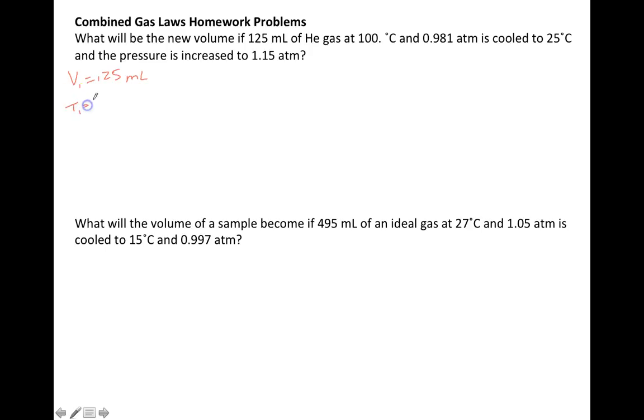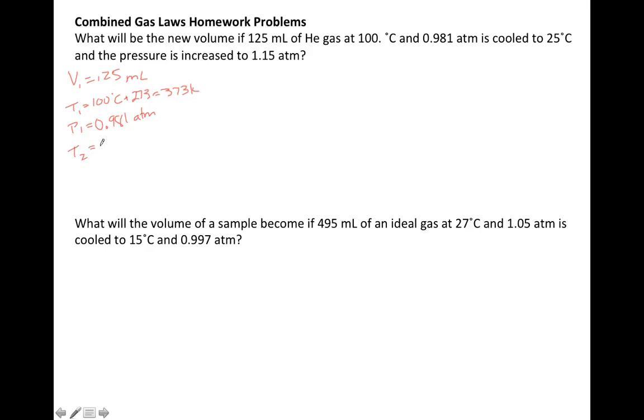So T1, 100 degrees Celsius plus 273 is equal to 373 kelvins. And it is at a pressure, so P1 is equal to 0.981 atmospheres.